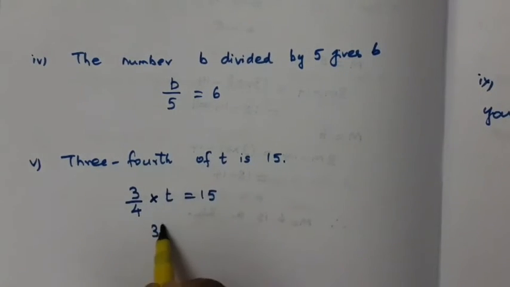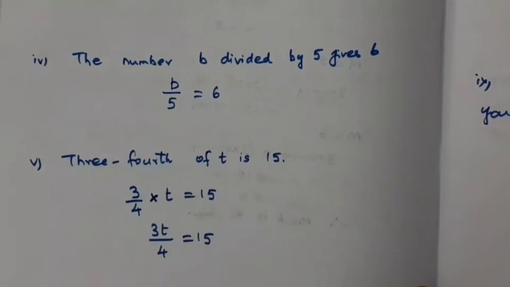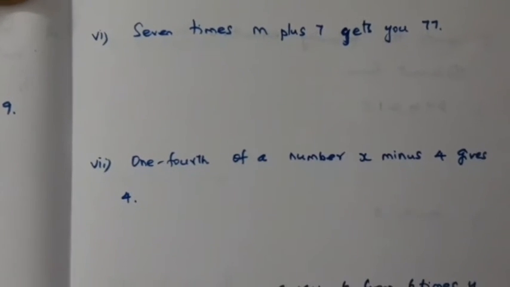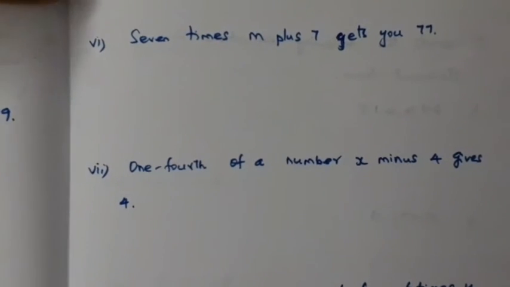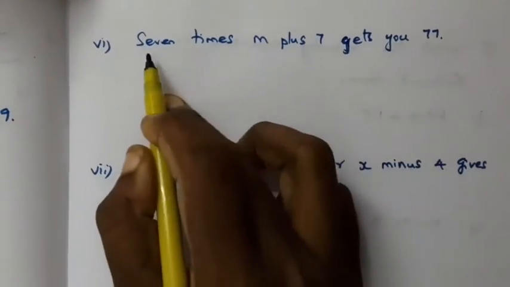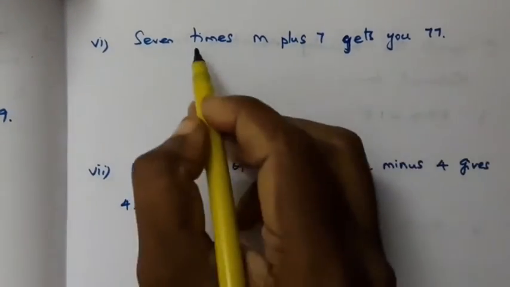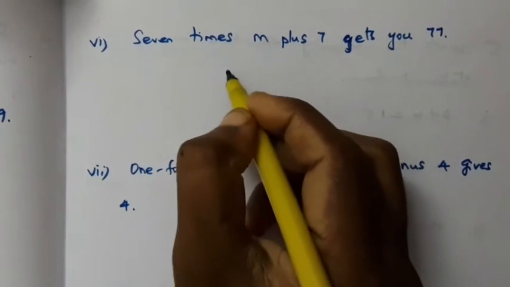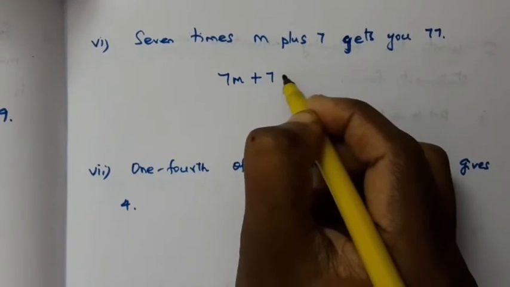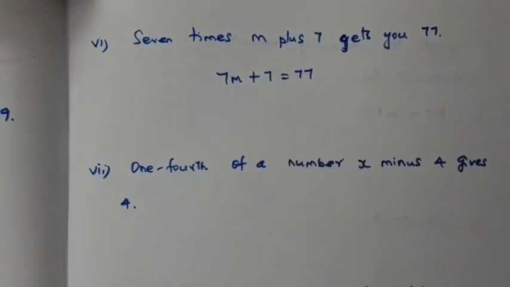So you can write 3t by 4 equal to 15. The next is 7 times m plus 7 gets you 77. What is 7 times m? When you have times, it means multiplication. So this is 7 times m plus 7 gives 77.